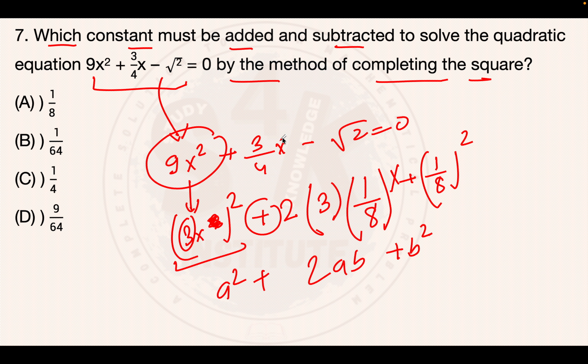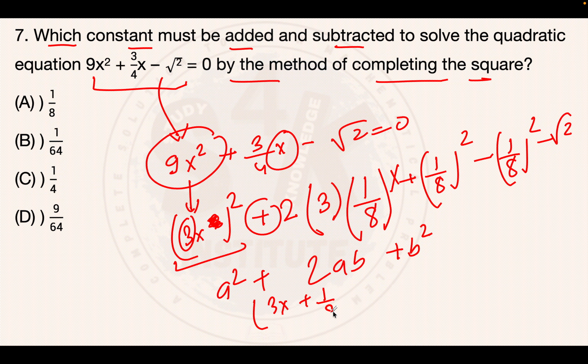And since we added, we need to subtract this, minus root 2. So in that case this will get converted into 3x plus 1 over 8 whole square. So I think the number that should be added or subtracted is 1 over 64. So the answer will be B. That's it.